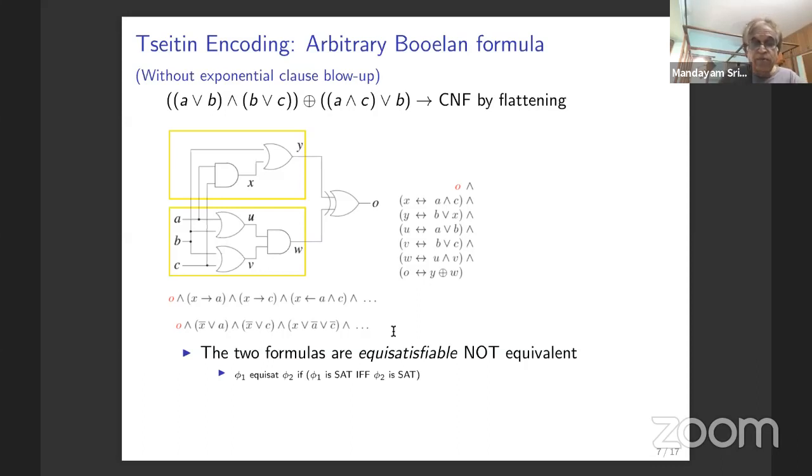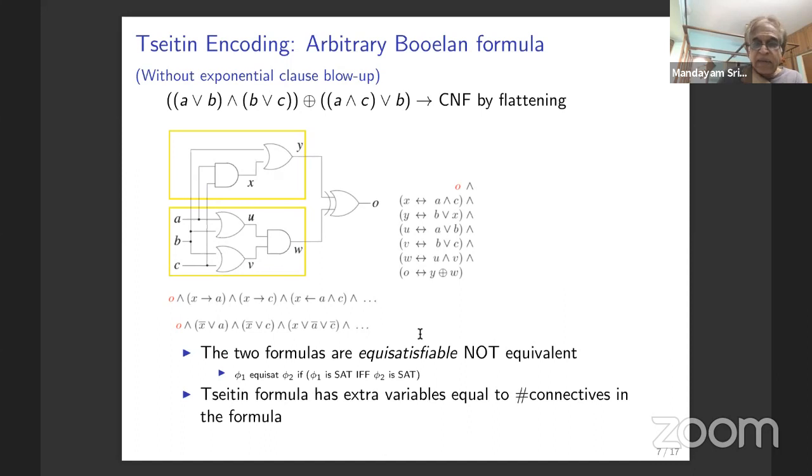these distributive laws. These two formulas are not equivalent, because one has more variables, but they're equally satisfiable: one is satisfiable if and only if the other is satisfiable as well. So the encoding has extra variables, and the number of extra variables it induces is linear in the number of connectives in the formula.